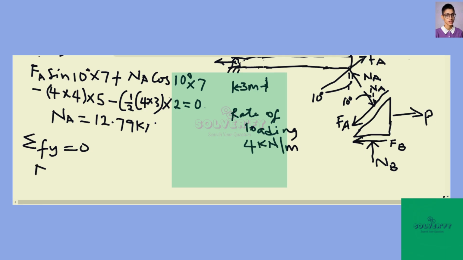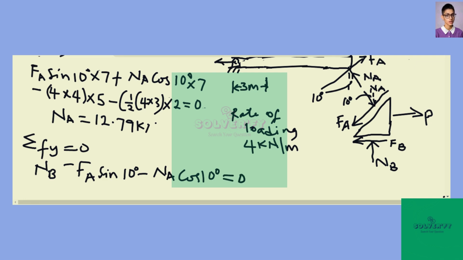So when you do that, you're going to have your normal reaction, this time at B. It's going to be minus normal reaction at B, minus FA sine 10 degrees, minus NA cos 10 degrees, equal to 0.